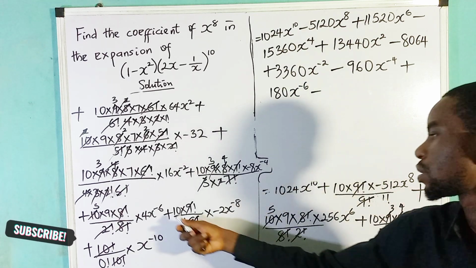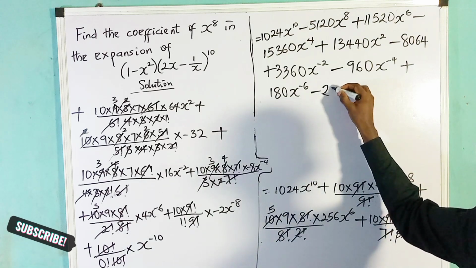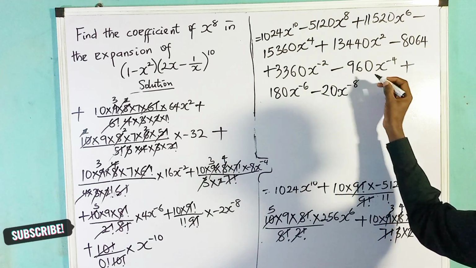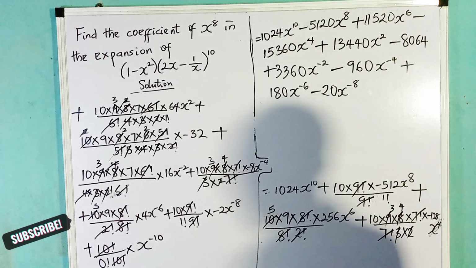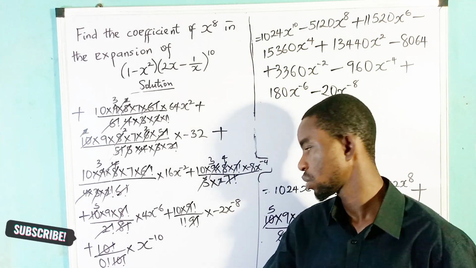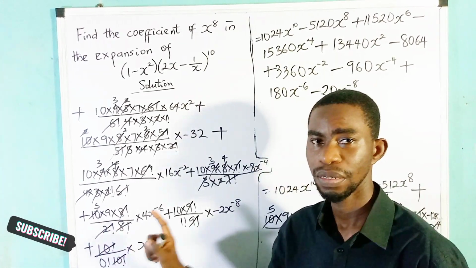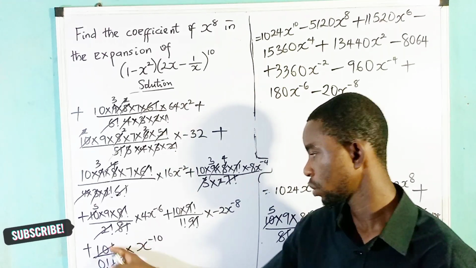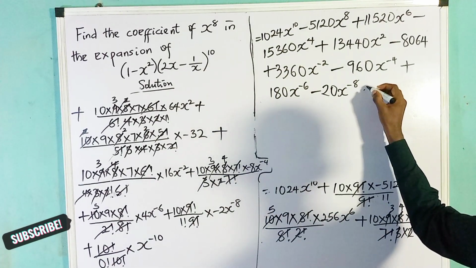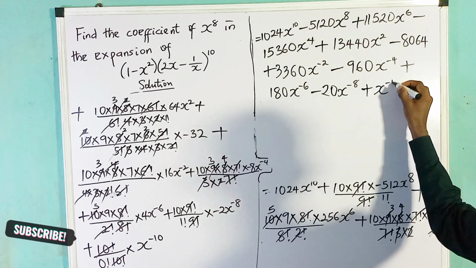Then minus 10 times 2, that's 20x raised to the power minus 8. And then now please take note, 0 factorial is 1. So we don't have an indeterminate form here. I divide it by 1. Now we just have plus x raised to the power of minus 10.